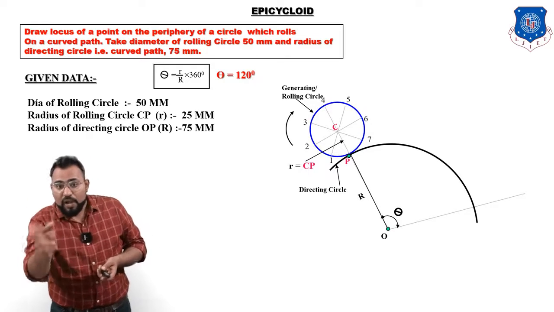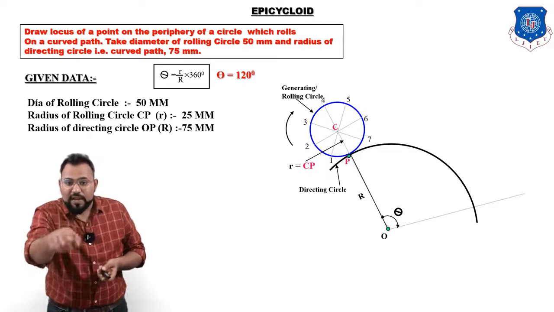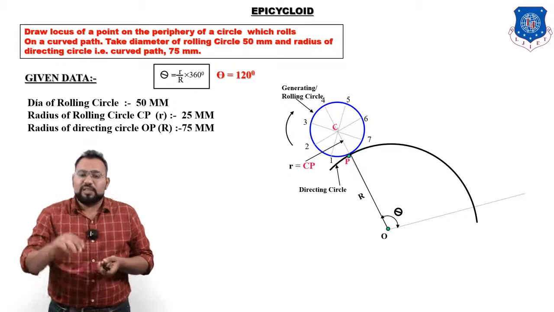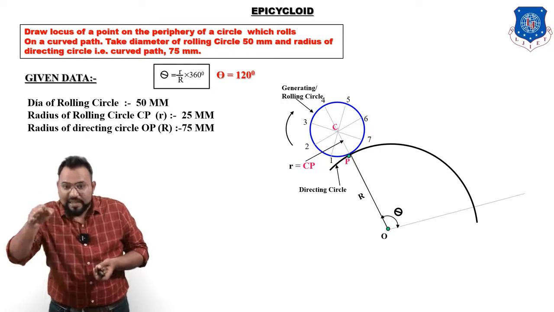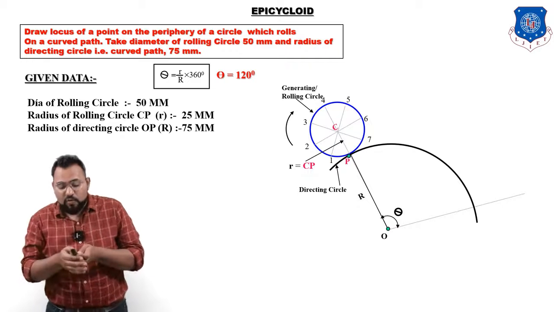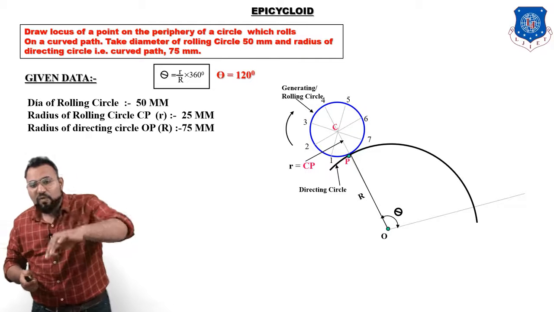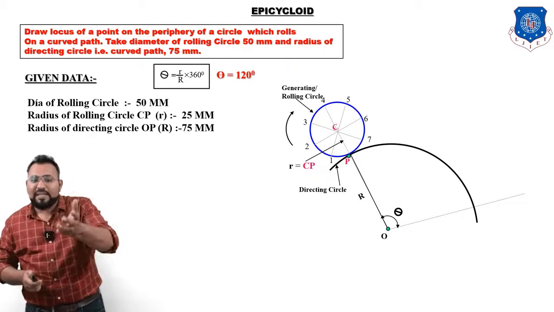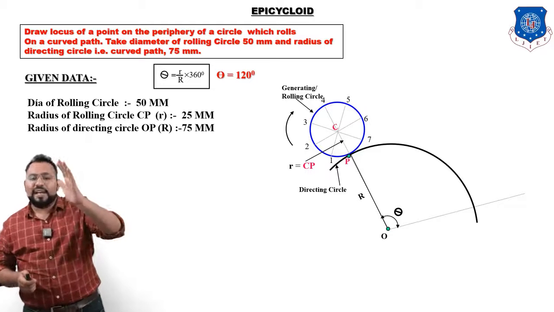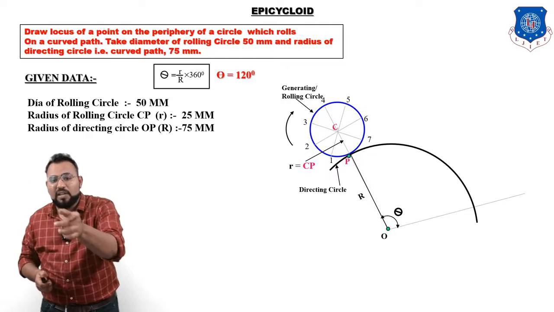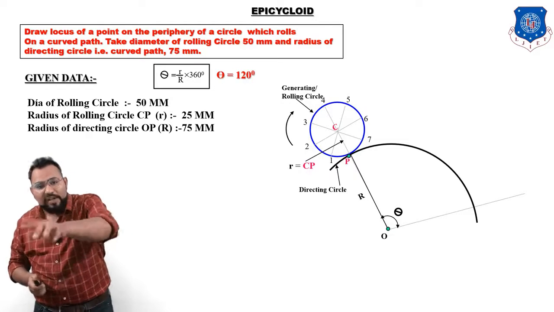So at 120 degrees, this smaller circle will complete one revolution. So this much of the curved path, this theta of the curved path, is what we have to consider. That's why we have drawn another line which makes angle theta with OP, and why we have derived theta. So we have a curved path of 120 degrees.